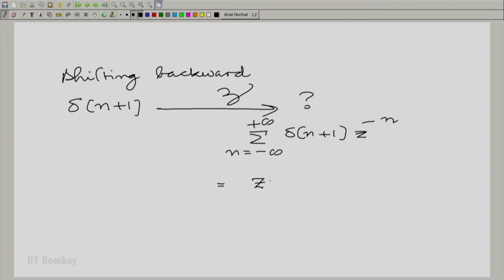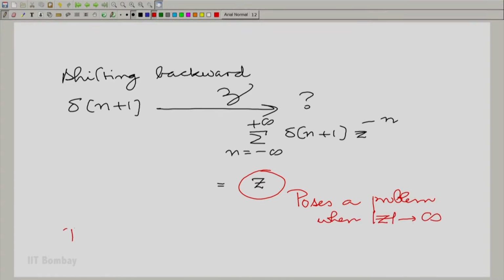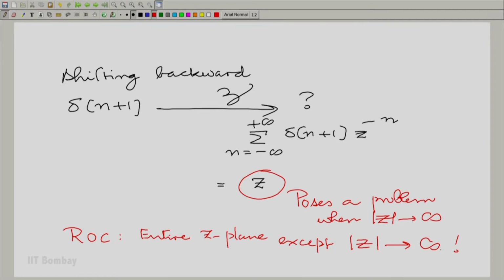And here all the z plane can be considered except mod z tending to infinity. So, this poses a problem at mod z tending to infinity. So, the region of convergence is the entire z plane except mod z tending to infinity. So, you have to include all of the z plane, but exclude that extreme contour.